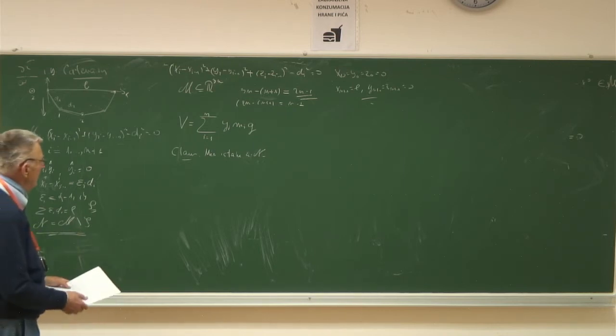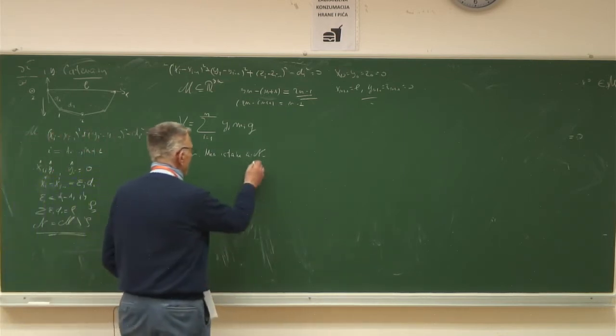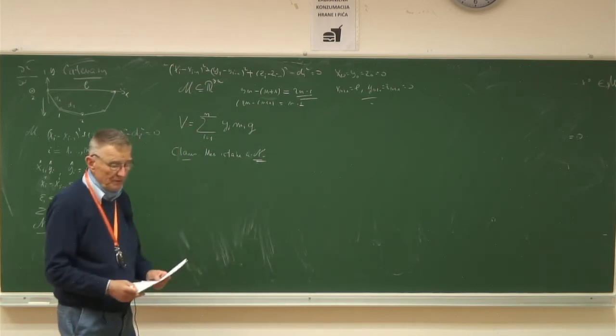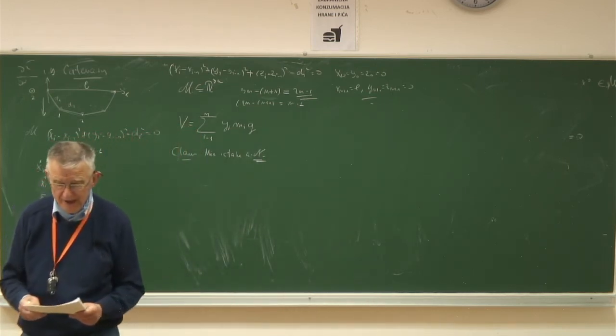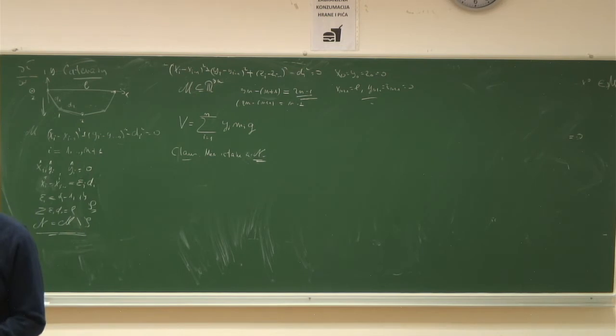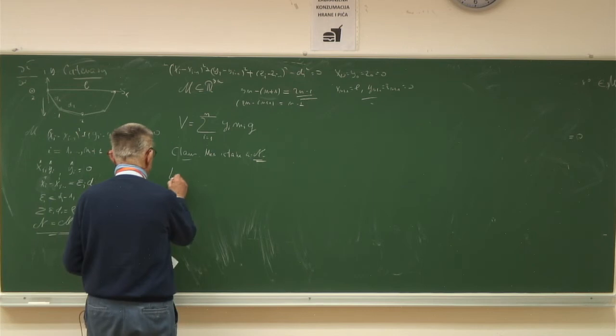And we have now M minus S, which consists of regular points as we have shown. So the minimum is there. And we can form our Lagrangian.